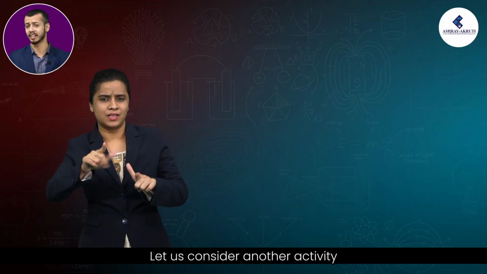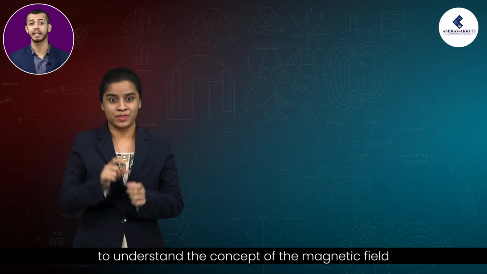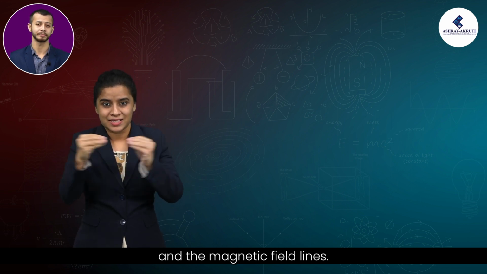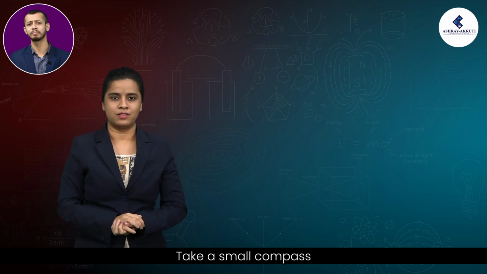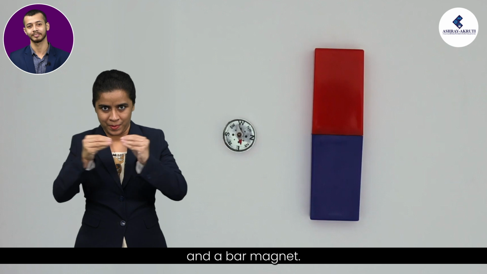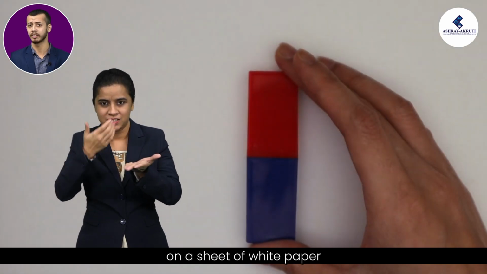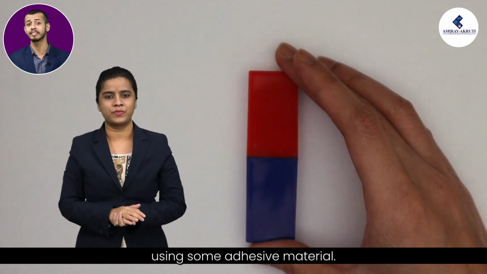Let us consider another activity to understand the concept of the magnetic field and the magnetic field lines. Take a small compass and a bar magnet. Place the magnet on a sheet of white paper fixed on a drawing board using some adhesive material.